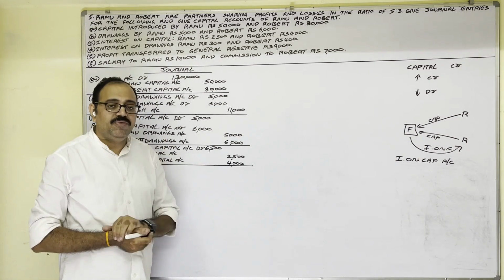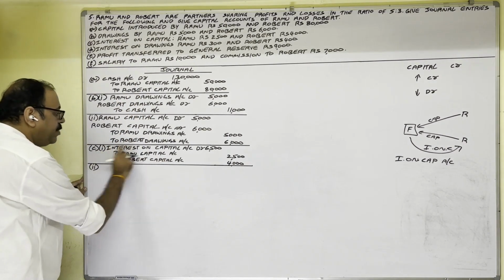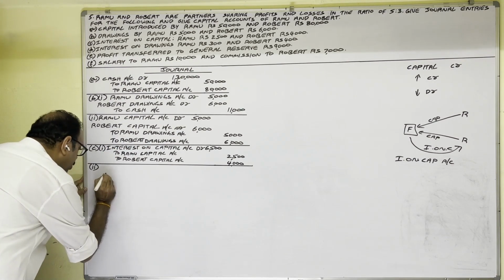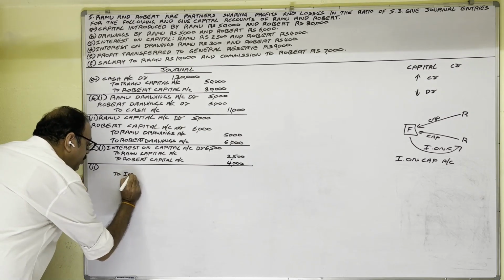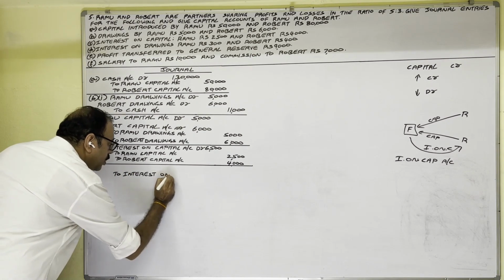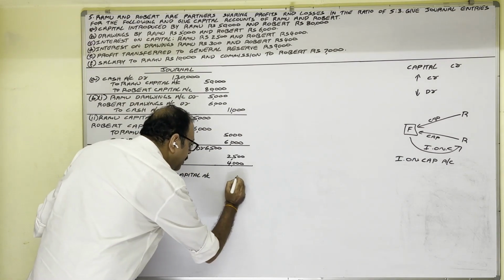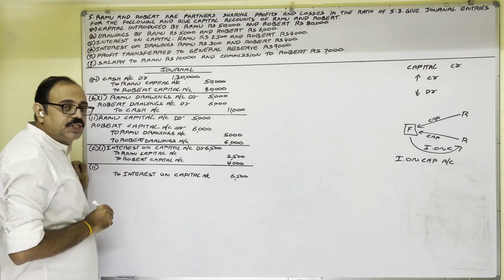For that, the second entry we should write. How did we create interest on capital account? By debiting. If you want to close this account, you have to credit interest on capital account, 6,500. To which account should we transfer? Profit and loss appropriation account.